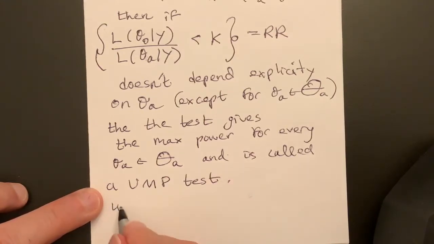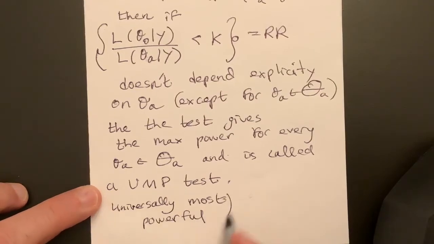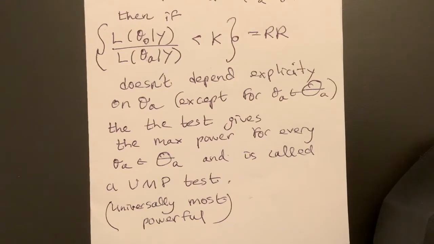This stands for universally most powerful. Okay, one remark is that k is set by alpha, so that's important, that's part of the statement. You want this test to be set at alpha, then you want to look at how the test does on minimizing type 2 error.